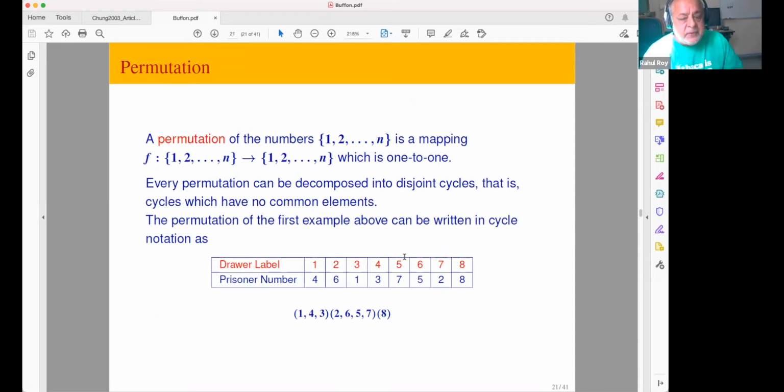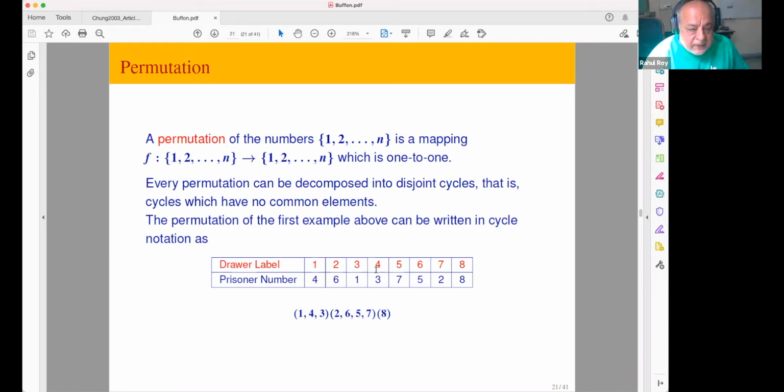So what is the permutation here? f of 1 is 4, f of 2 is 6, f of 3 is 1, etc. Let me follow the strategy which I said. f of 1 is 4, f of 4 is 3, f of 3 is 1. That means we started from 1, went to 4, went to 3, and then we returned to 1. So this is called a cycle, 1, 4, 3.